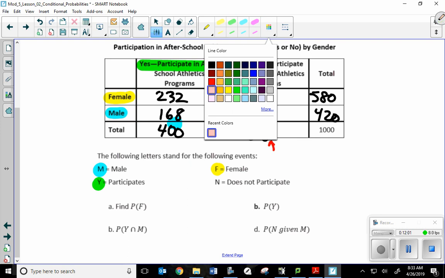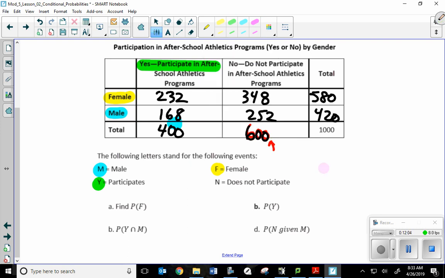Red, can we do a pink? How about that? Oh, pretty. N does not participate in sports. So those colors sort of coordinate the columns here. And let's get rid of this. Now it's pristine, with the exception of, yeah, OCD kids. There we go. Clean. Love it.